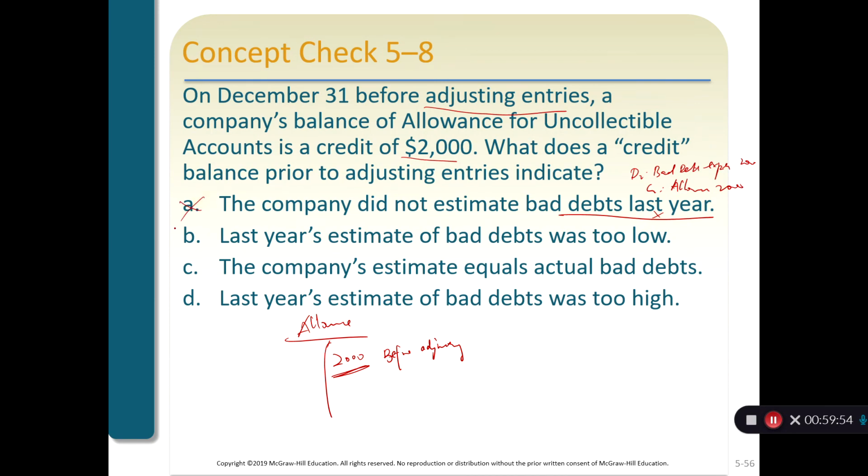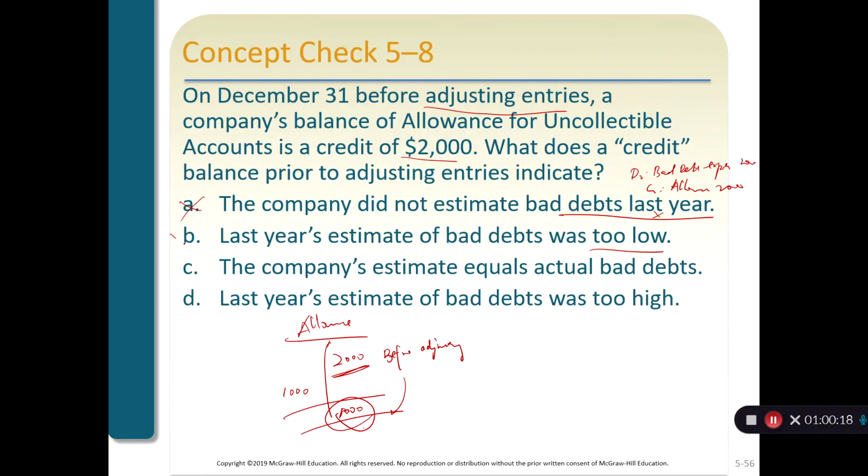So this is wrong. B, last year's estimation of bad debt was too low? I think it's too high, because think about before adjusting, you have 2,000, and then you only write off 1,000, and you have 1,000 left. Hence, before adjusting, you actually overestimated.